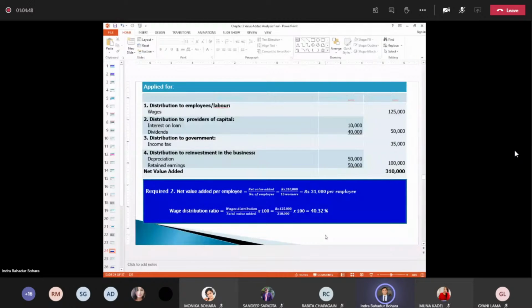Explain what percentage, what portion of the value added is distributed as wages by the company, and what percentage of value added is distributed to the capital providers.